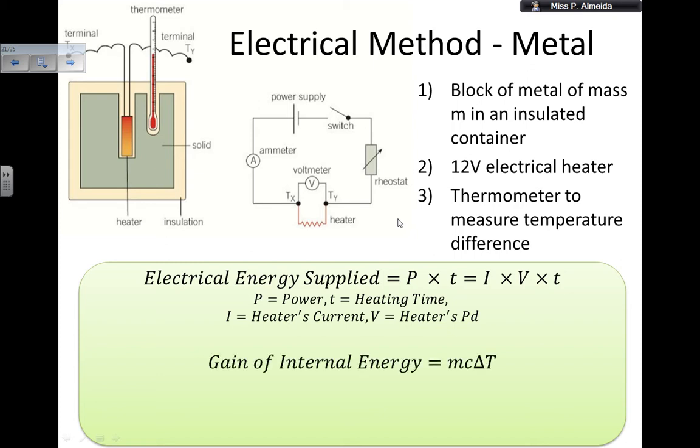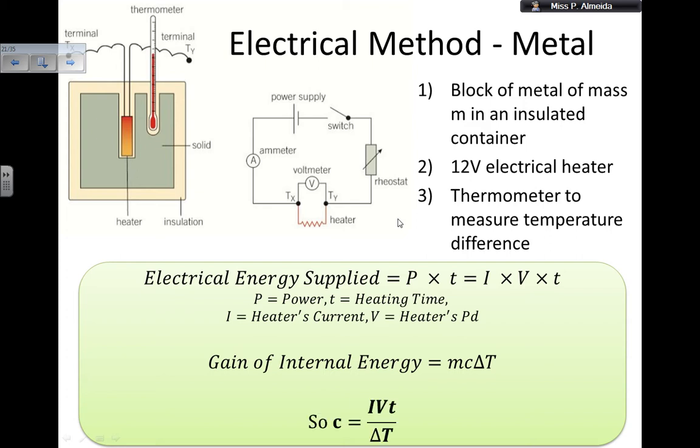Now the gain of internal energy is, sorry, not the specific heat capacity, but the energy transferred to increase the temperature. So it's going to be the mass times the specific heat capacity times the temperature change.